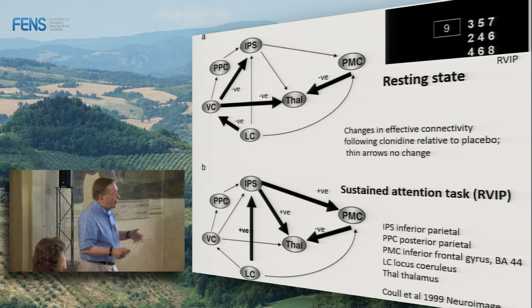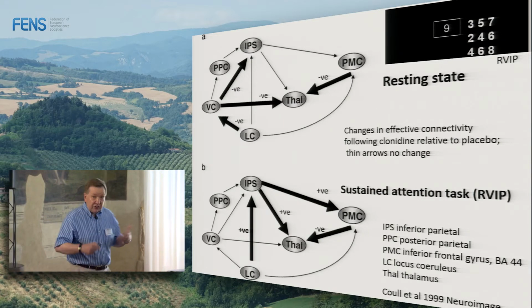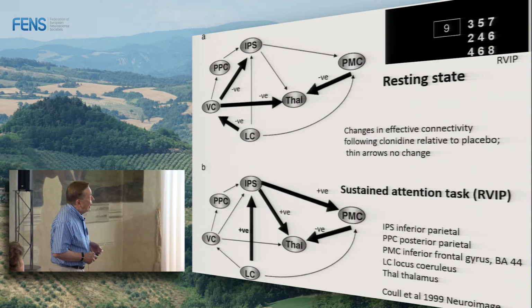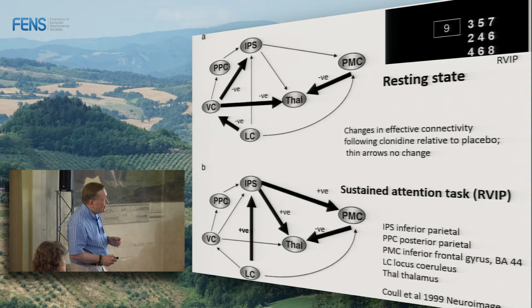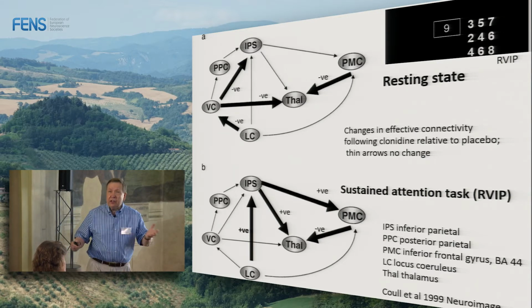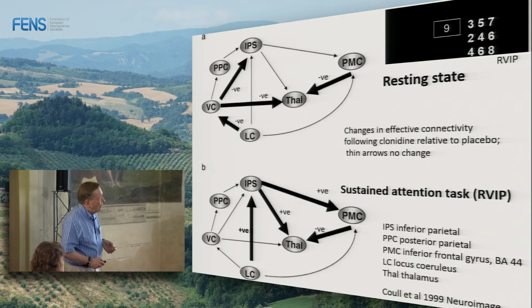And if one gives clonidine in this task, which is a noradrenergic agent, it affects attention. And what they did was to study the effects of clonidine in the resting state, where there was no task, where the subjects were just lying essentially with their eyes open, versus when they were performing the task.